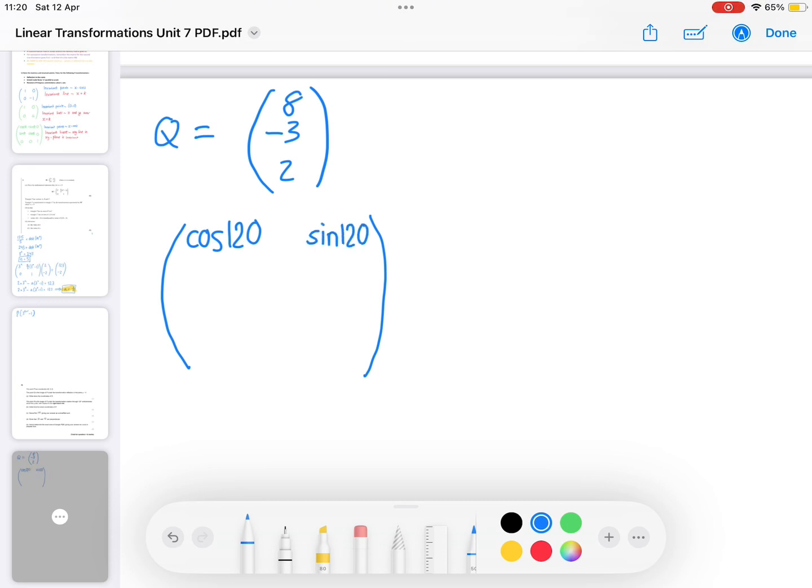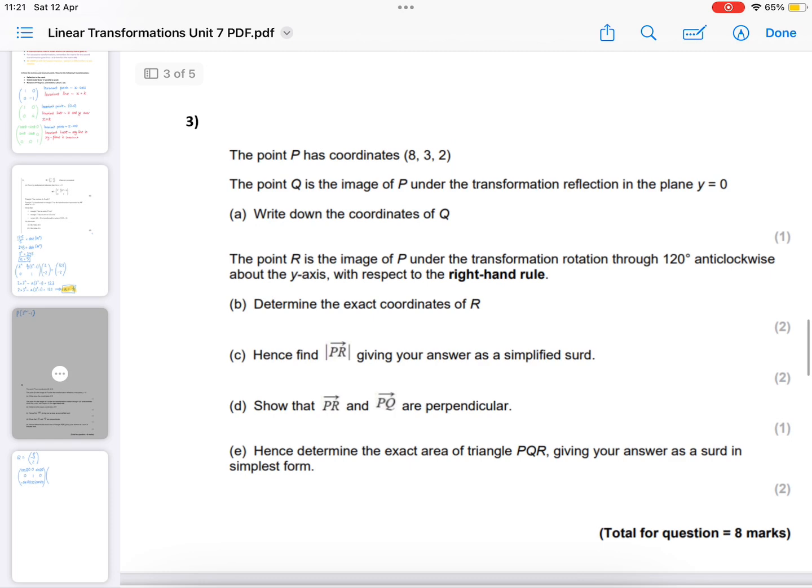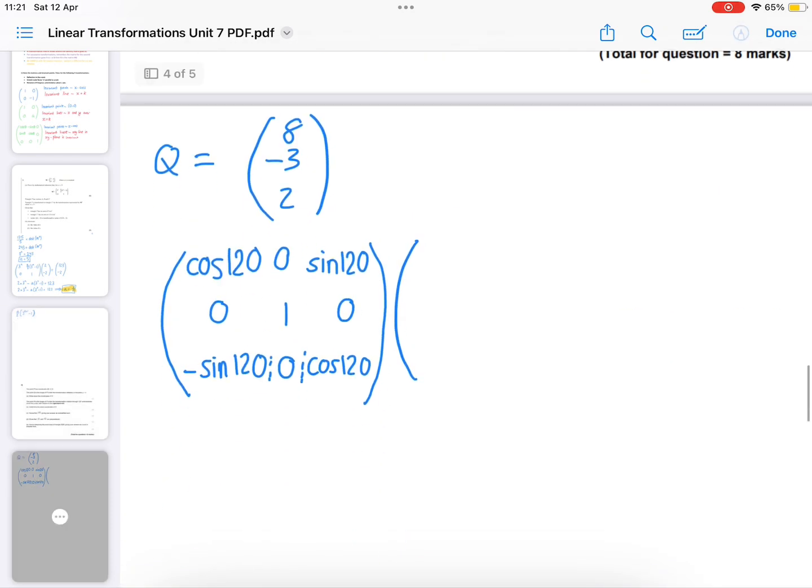That's why the pattern's different for y-axis rotation. And then we just fill the rest of it in with the normal elements. So that's the rotation matrix. We then need to multiply that by, was it the image of P or Q? The image of P. So (8, 3, 2).